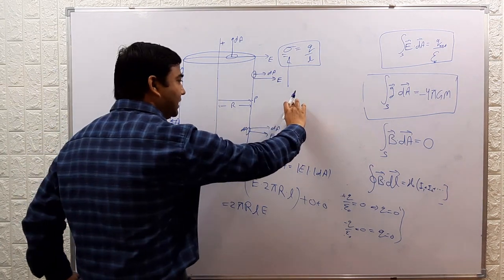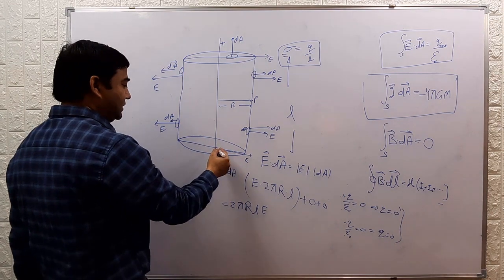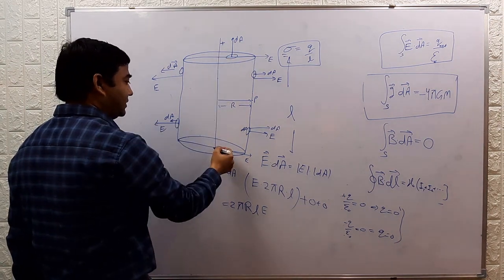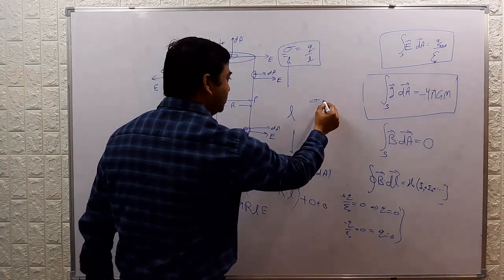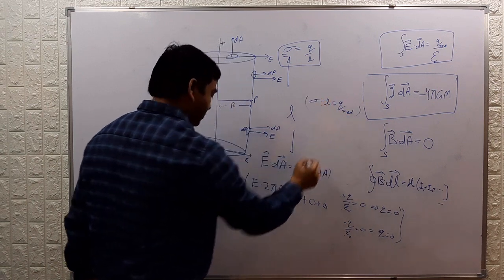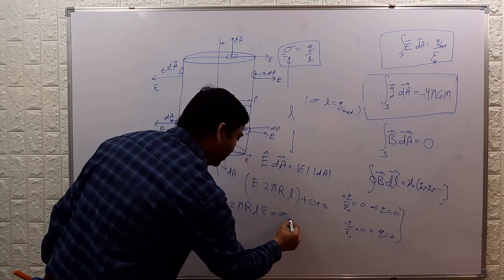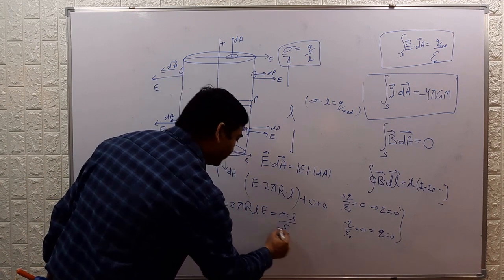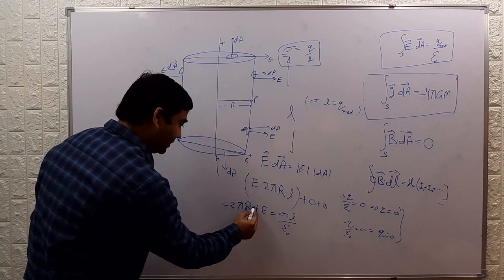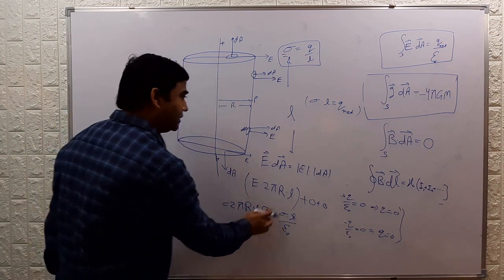This is the length L and linear density is sigma, so the charge in this part of wire is sigma into L. That is the charge Q net. So flux is equal to net charge, sigma L by epsilon 0. You can cancel L, so the electric field you can easily find.